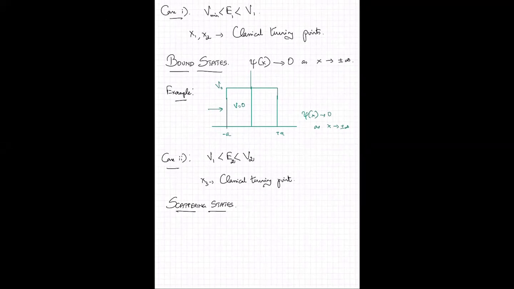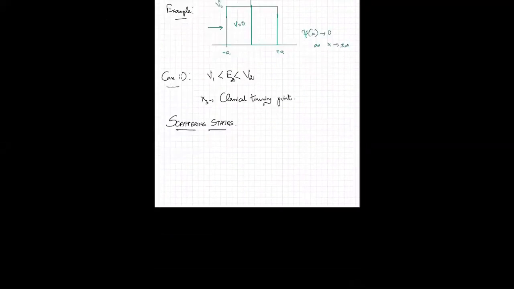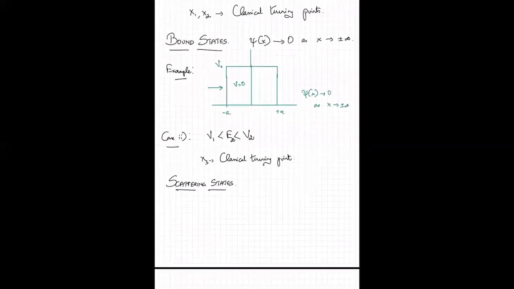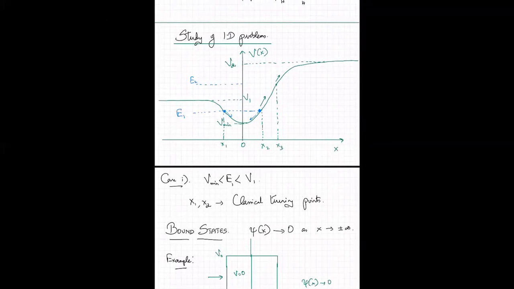Scattering states are those states for which, as x goes to plus minus infinity, the solution still exists. So psi of x does not go to 0 as x goes to plus minus infinity, simply because there is nothing stopping the particle from moving anywhere it wants. Okay, so this is an example of a scattering state.